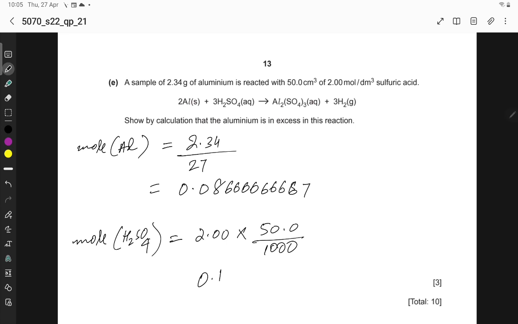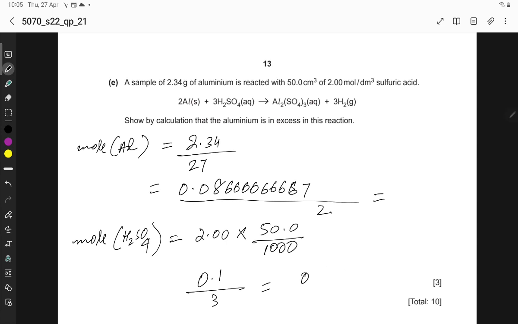So aluminium has 2 mole divided by 2, and sulfuric acid 3 mole divided by 3.